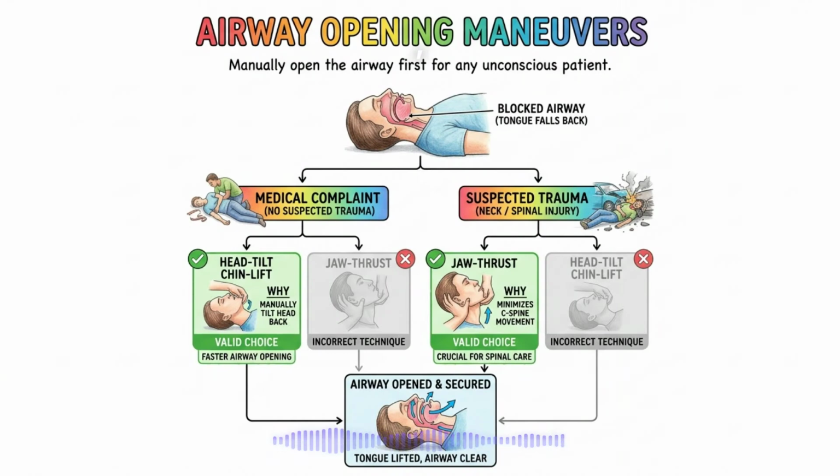However, if there is any suspicion of a neck or spinal injury, such as from a car crash or a fall, you must use the jaw thrust maneuver instead. Exam questions constantly test this rule, so always remember to protect the cervical spine by using the jaw thrust on trauma patients.